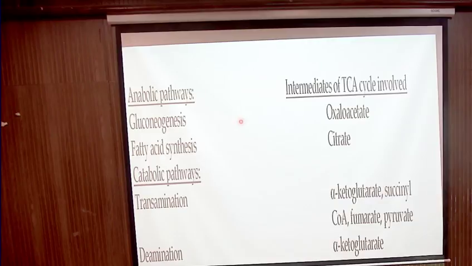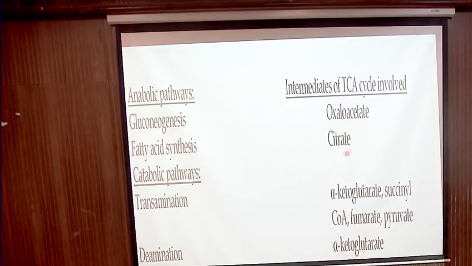Which are those intermediates that we are talking about? Oxaloacetate, the first step in this pathway, can be the substrate for gluconeogenesis. Formation of new glucose can happen from oxaloacetate. Fatty acid synthesis can happen from citrate, the first product that we had in this TCA cycle.